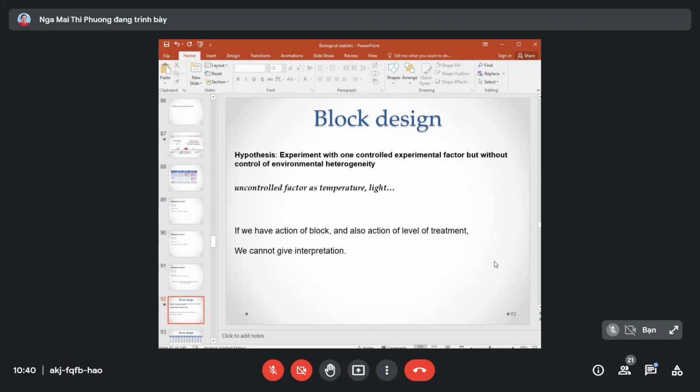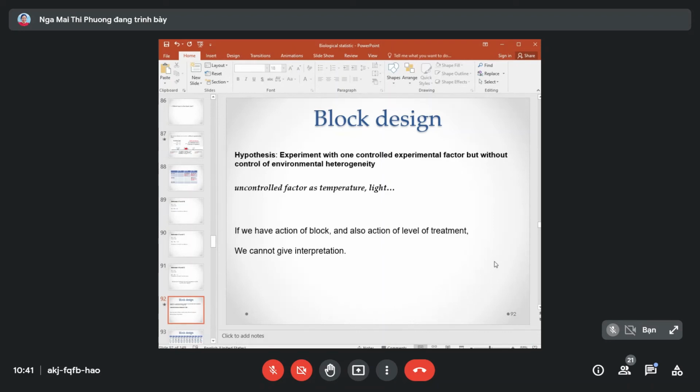So normally when you repeat the experiment, the biological repetitions, you hope that there's no action of the environment, of uncontrolled factors.